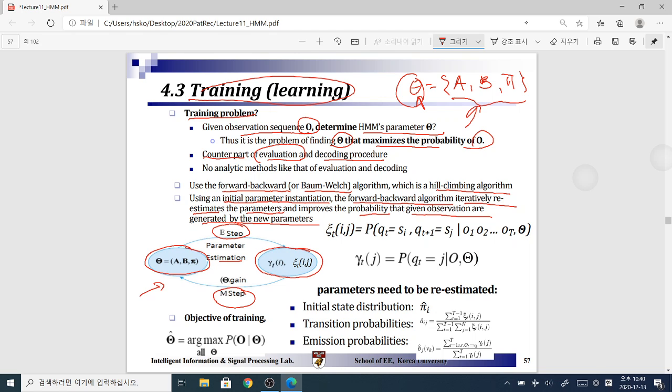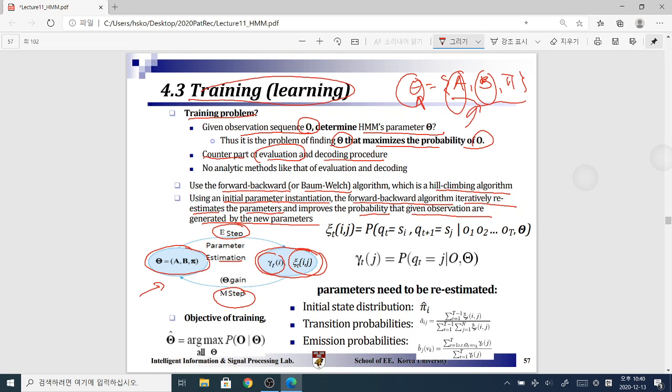These are the transition probability, which is psi, and gamma, which would be the emission probability. So with these two, we perform the maximization to obtain the specific transition matrix, as well as the emission probability, A and B, as well as pi.